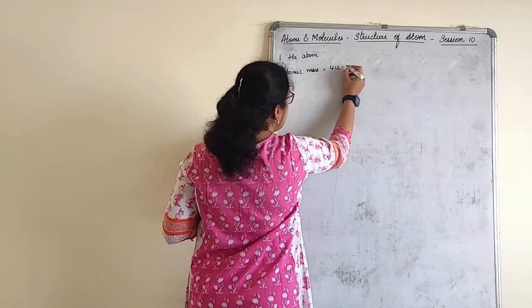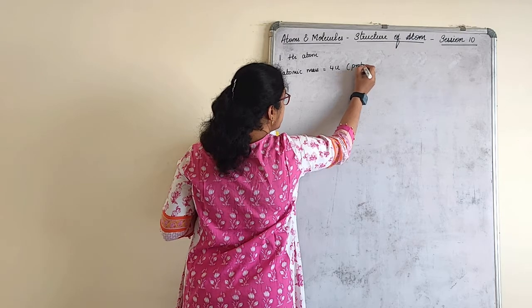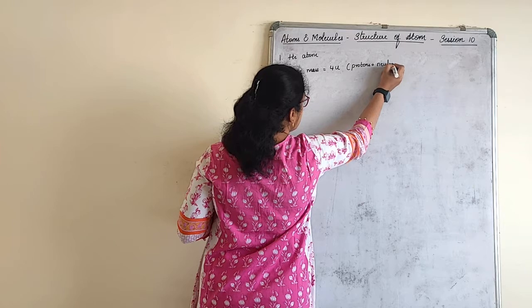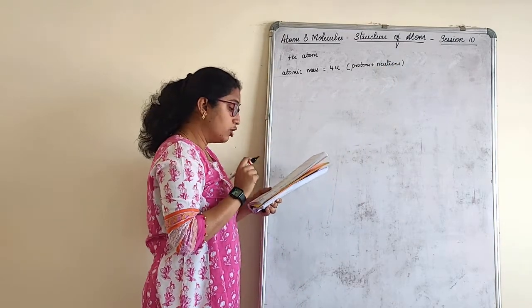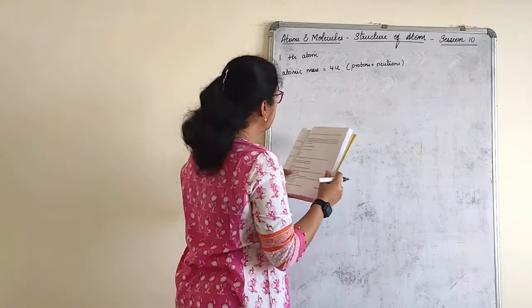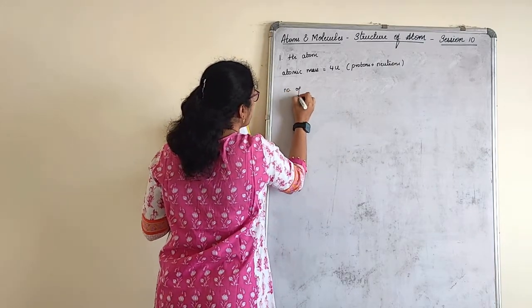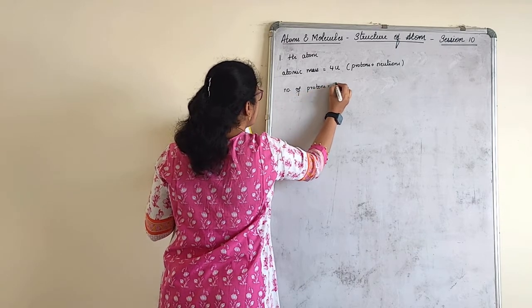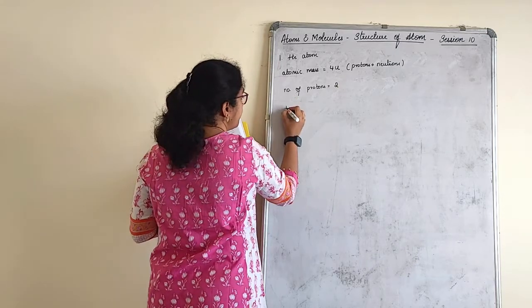We will just write helium atom's atomic mass when we talk about it is protons plus neutrons. Okay, that you should know. And 2 protons in its nucleus. Number of protons 2. How many neutrons does it have?